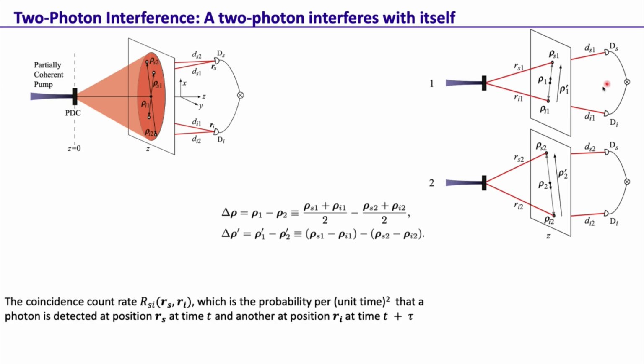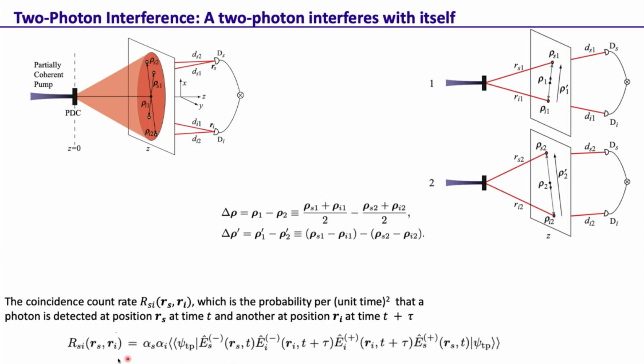Okay, now the coincidence count rate that we will see at this detector is essentially the probability per unit time squared that a photon is detected at position Rs at time t, and another photon at position Ri at time t plus tau. We have seen that this is given by this expression, where this is the 2-photon state. These are the detection efficiencies of the 2 detectors, and here we have these 4 field operators: Es minus, Ei minus, Ei plus, Es plus.